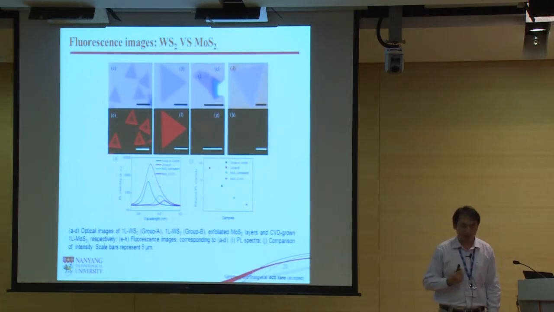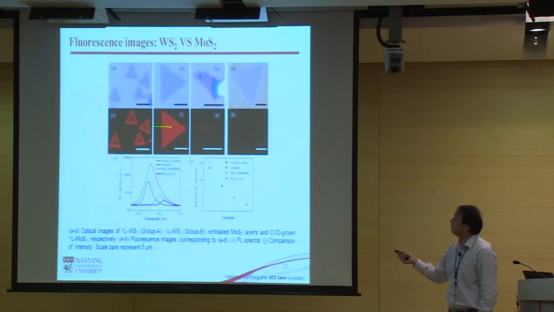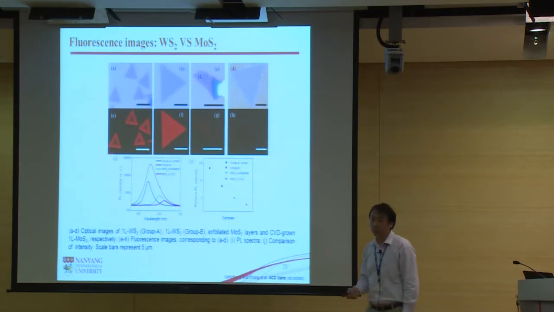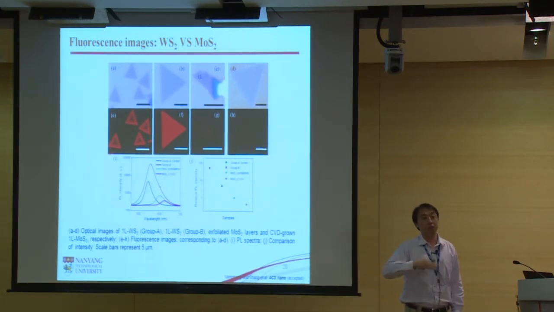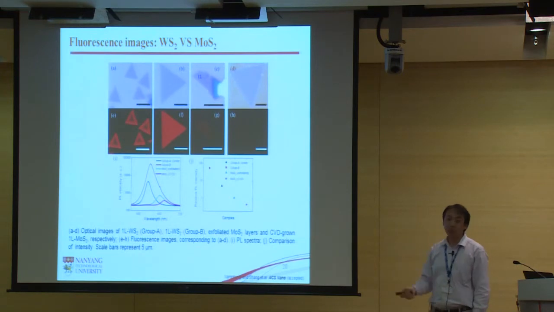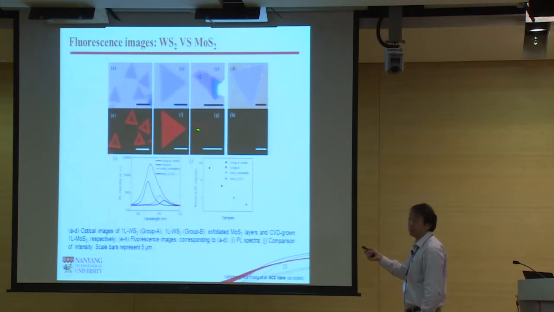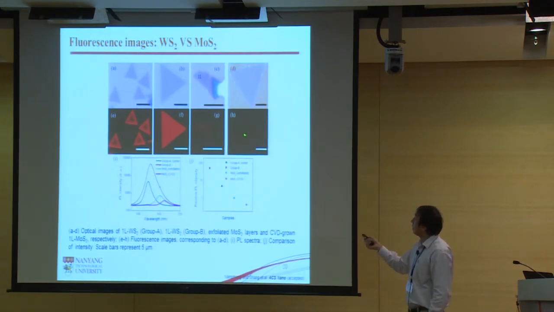We set the parameters, everything is exactly the same, and we compare the fluorescence emissions. It's quite obvious. This one gives us the strongest emission. And it's even much stronger than the molybdenum disulfide prepared by the mechanical exfoliation. Usually we believe this one gives us the really high quality single layer molybdenum disulfide. But the CVD one, you see the CVD molybdenum disulfide is weaker than this.